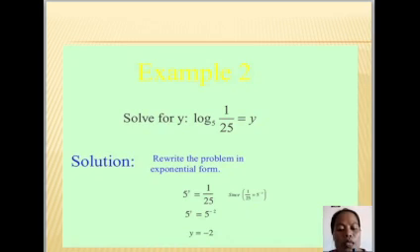Since 1 over 25 can be written in exponential form with a negative exponent, we will make them like bases. So we have 5 to the power of y is equal to 5 to the power of negative 2. So y is equal to negative 2. The logarithm there is negative 2.